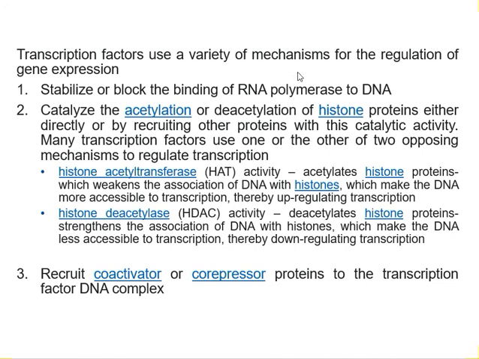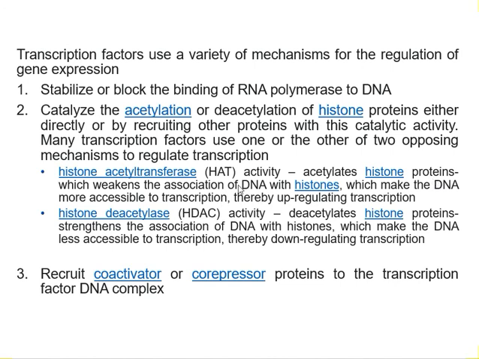Now, what do certain transcription factors do? Some are called histone acetyltransferases, whereas some are called histone deacetylases. We can abbreviate them as HAT and HDAC. So, what do HATs do? HATs will acetylate these proteins. So, the association between the proteins and DNA will be weakened.